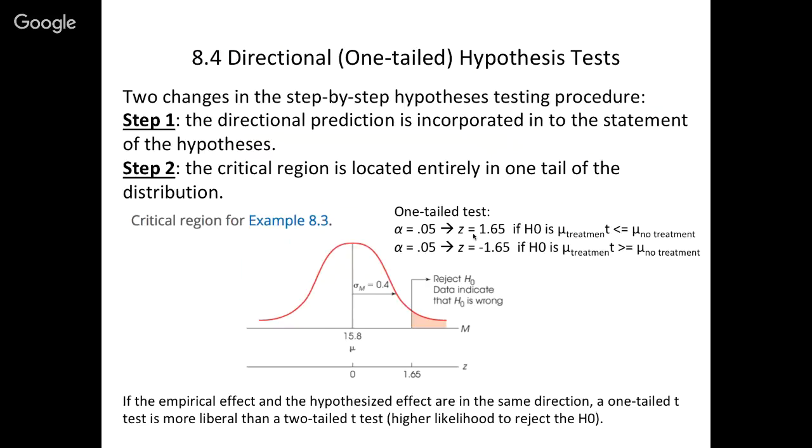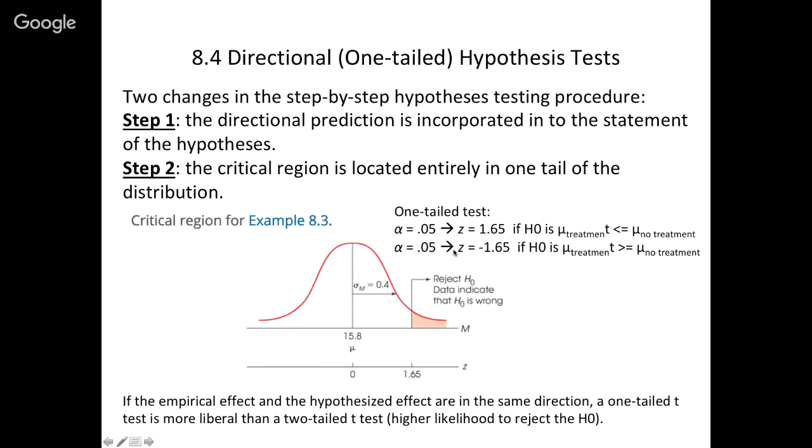If our hypothesis is that the treatment will decrease the population mean, then we are assuming the critical region will be on the left side of the distribution.